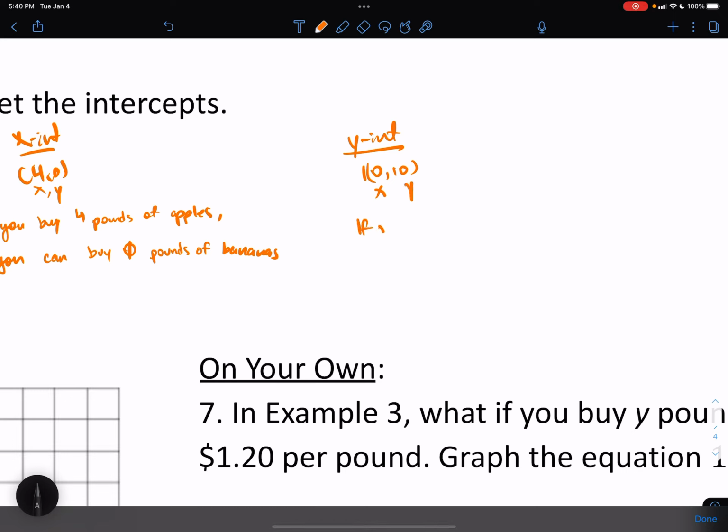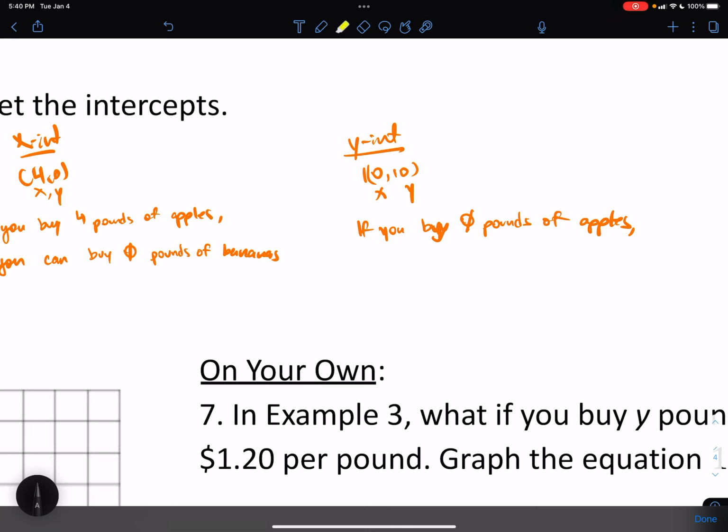So if you buy 0 pounds of apples, which is my x, I could buy 10 pounds of bananas. And that's it.